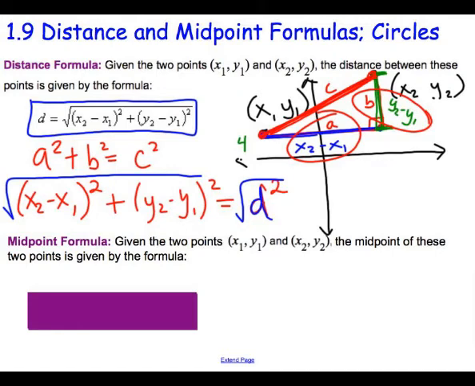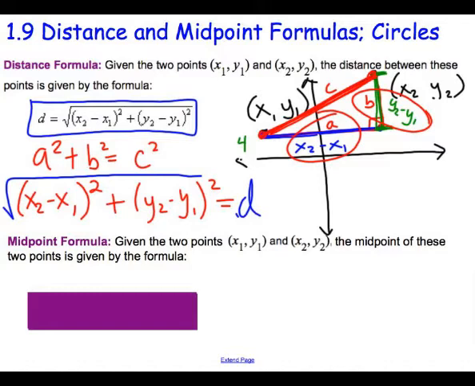So that's your formula: d equals the square root of x2 minus x1 squared plus y2 minus y1 squared. That is your distance formula. It's quite simple. That's the derivation of it, so be prepared to understand where it comes from.